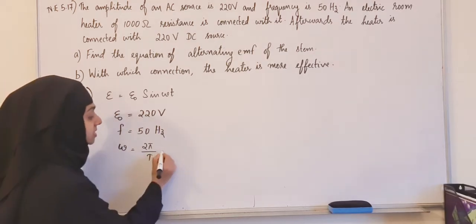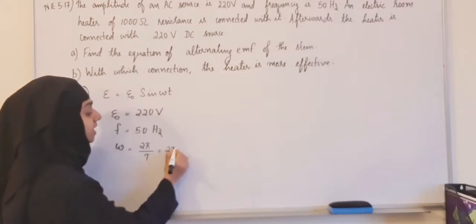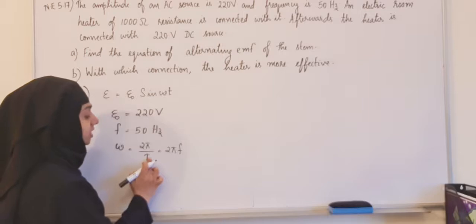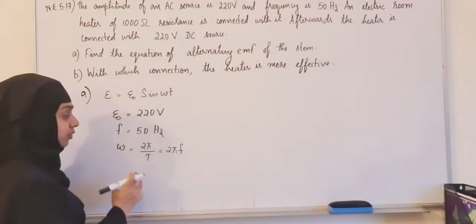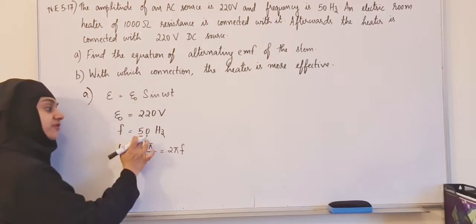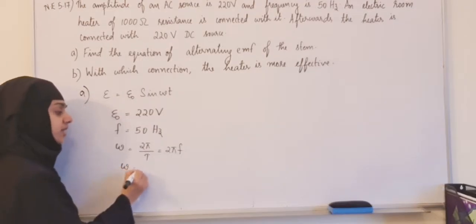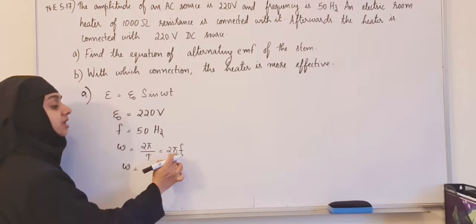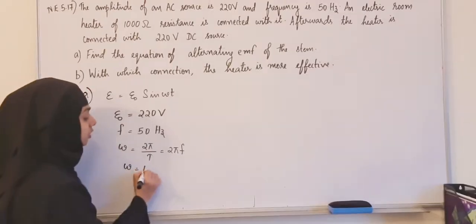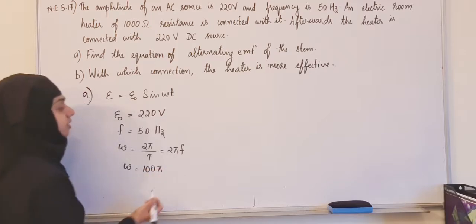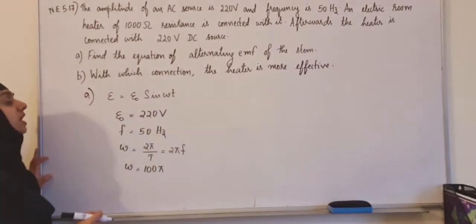So I can write it as equal to 2 pi f. Instead of 1 by T, I am writing f. So we can substitute for f 50. So omega will be equal to 2 pi into 50. 2 into 50 will be 100. So 100 pi.